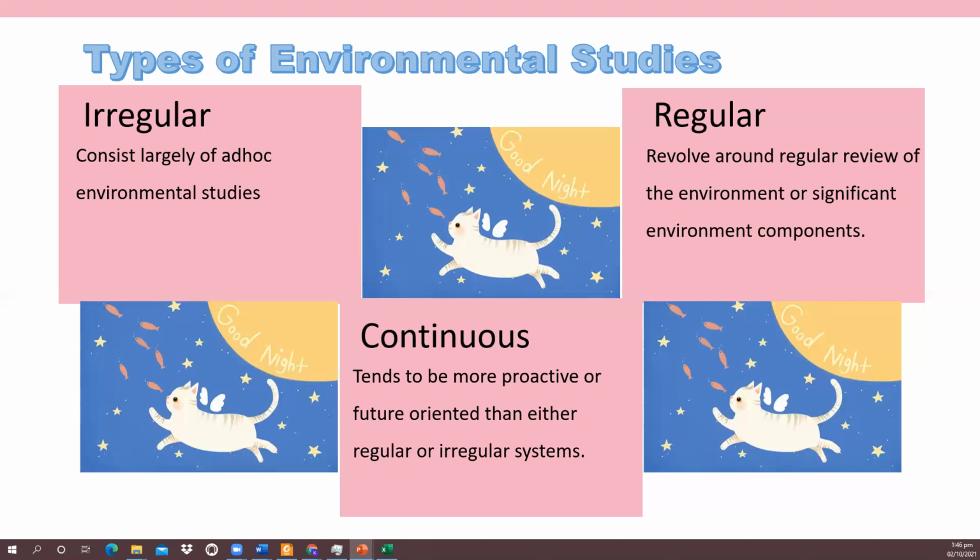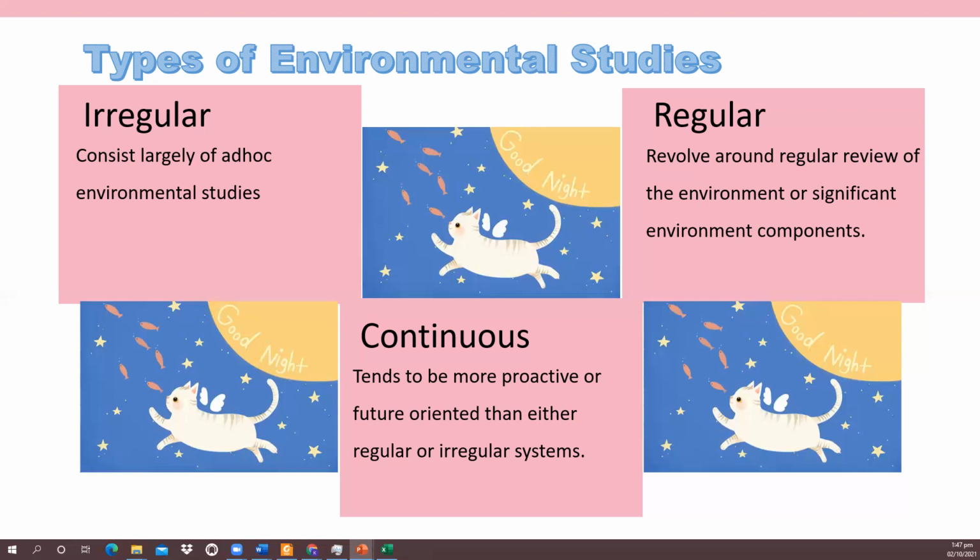Next naman yung regular. Ito yung madalas na nangyayari. For example, yung pagbabago ng taste ng mga customer, pagbabago ng trending for this year, yung mga ganun. So revolve around regular review of the environment or significant environment components. So we can talk about here the inflation rate, yung exchange ng pera.